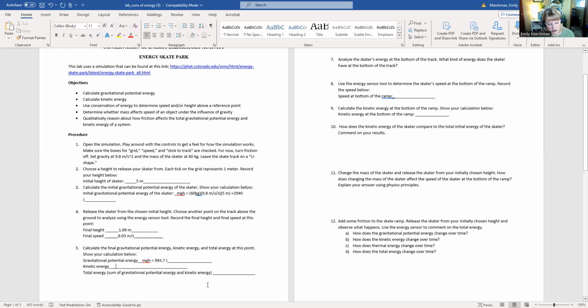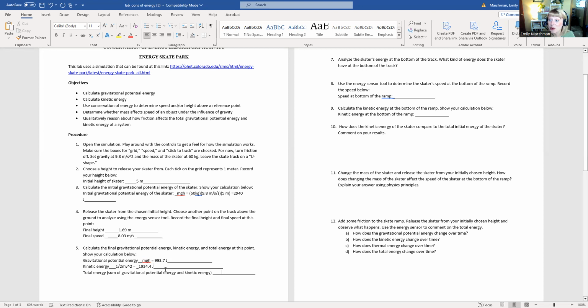The equation for kinetic energy, if you remember from the chapter, is 1/2 m v squared. So I'm going to calculate that. 1/2 times 60 kilograms times her velocity, which was 8.03, squared. 1,934.4 joules.